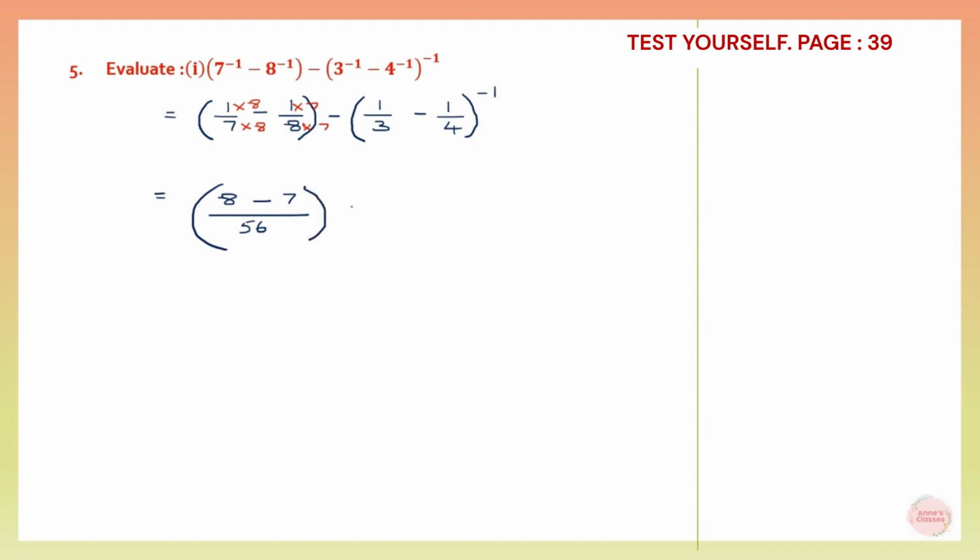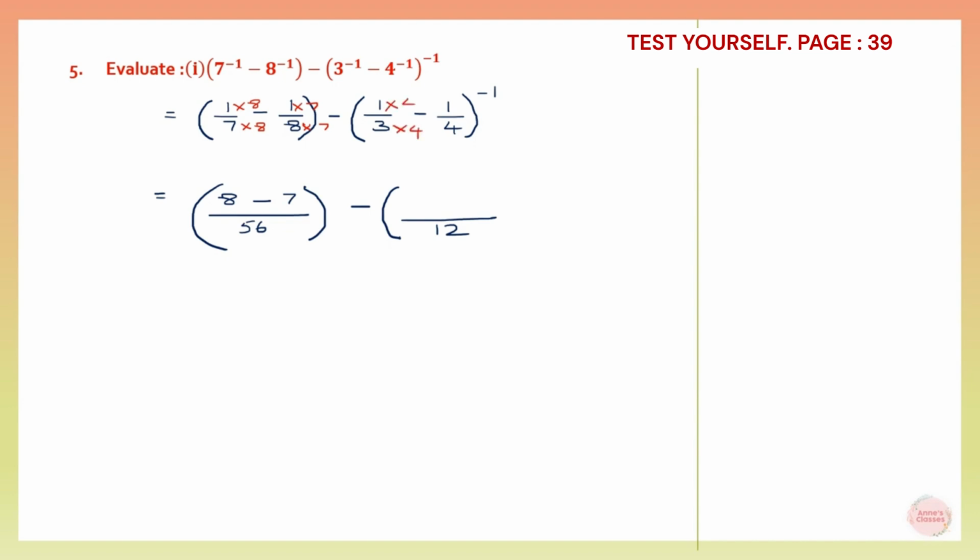Now on the other side we have minus. Now here what do we have? 1 by 3 minus 1 by 4. We must find the LCM of 3 and 4 and that is 12. So the first rational number 1 by 3, the denominator 3, 3 4s are 12.